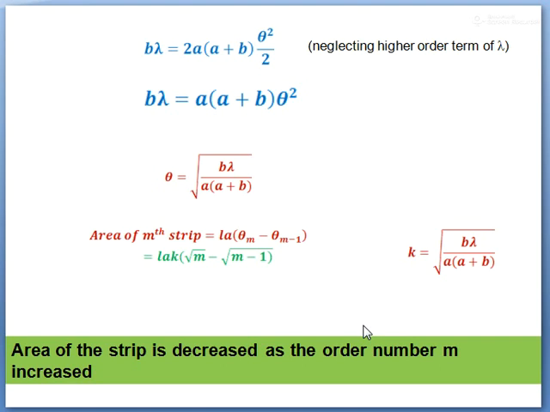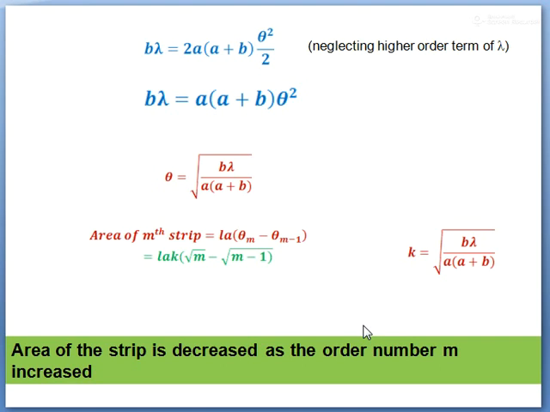So as the order number m increases, the area of the strip will decrease. তাহলে order number m যদি increase করে area of the strip decrease করবে, তার মানে effect will be decreased, right? And the resultant amplitude at any external point that will be once again r equal to a1 minus a2 plus a3 minus dot dot dot minus 1 to the power m minus 1 into am.